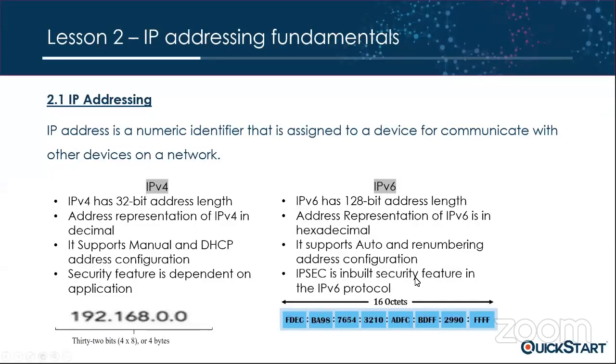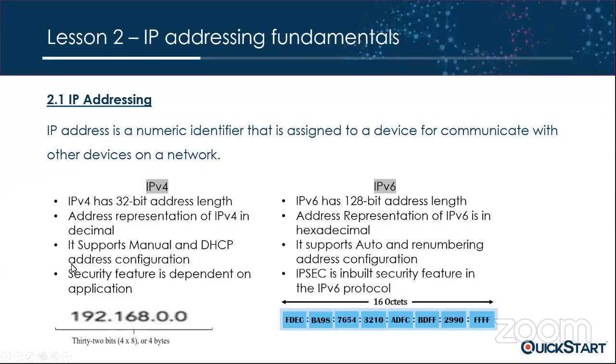So an address in hexadecimal would be like this. It has 8 groups, segregated by colons, while IPv4 is segregated by dots, and it has 4 octets.